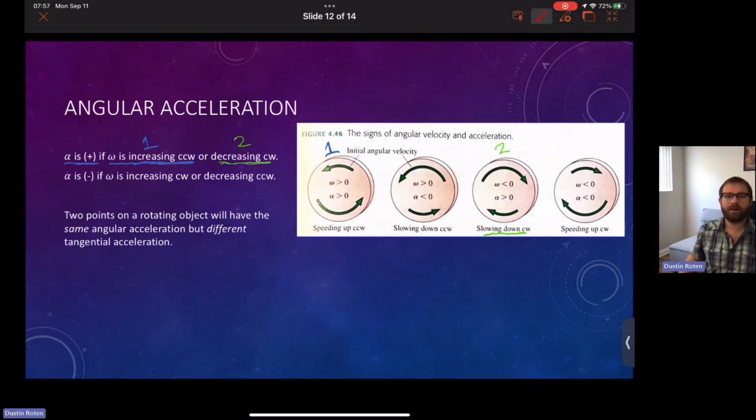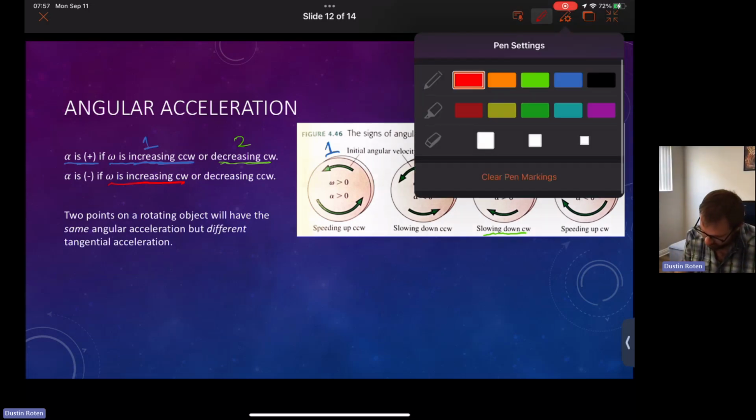Alpha could also be negative if omega is increasing clockwise. So in case three, we're speeding up clockwise. Even though we're speeding up, because we're going in the negative direction, our angular acceleration is negative as well.